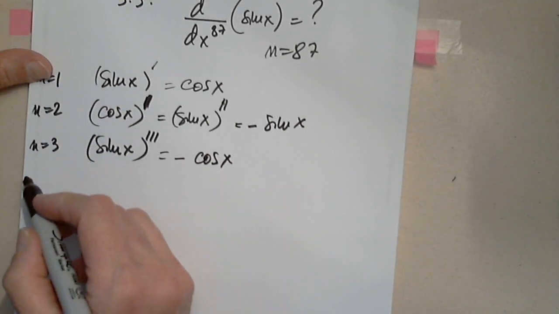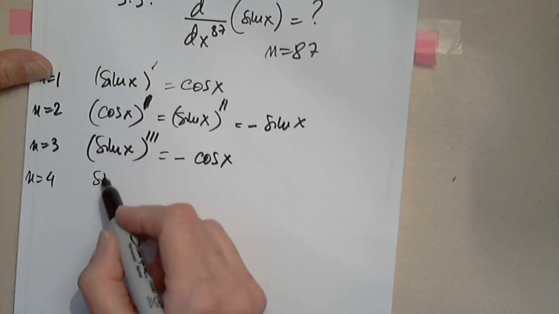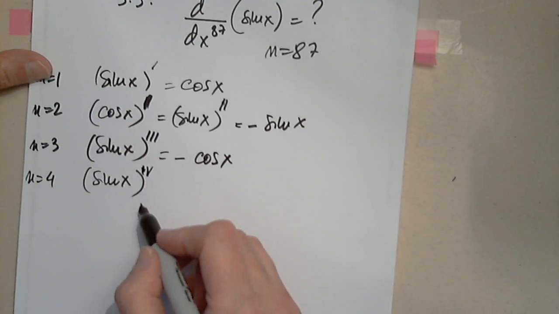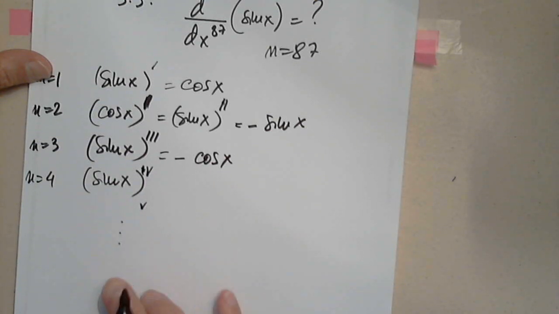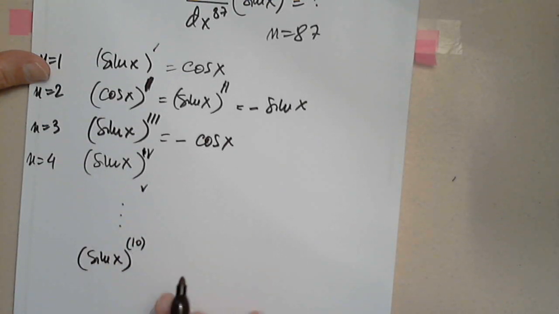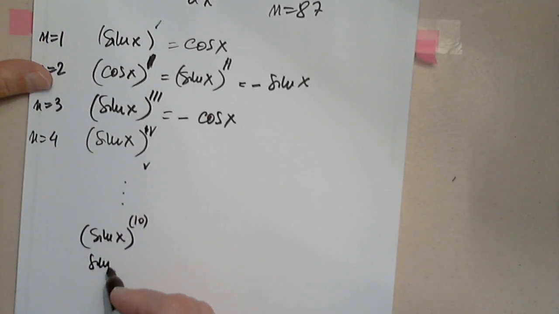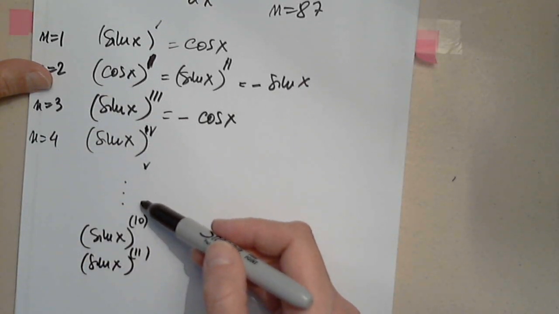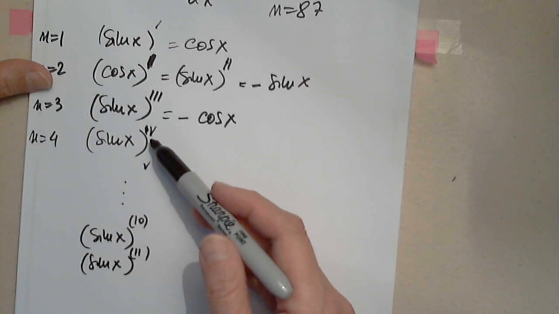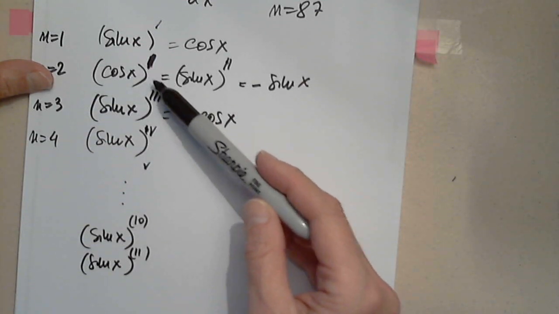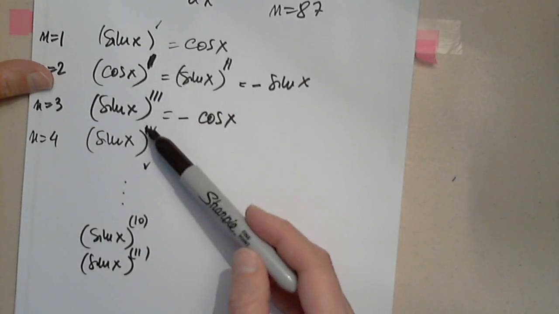Now, for n equals 4, I can write sine x differentiated 4 times, and then 5. But after some point, let's say differentiated the 10th time, the 11th time, we no longer use Roman numerals, digits.